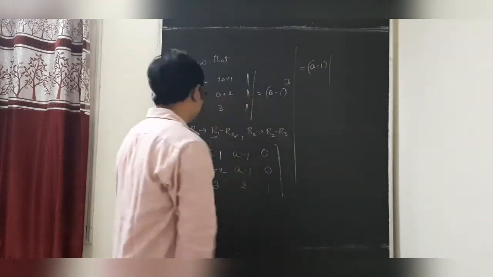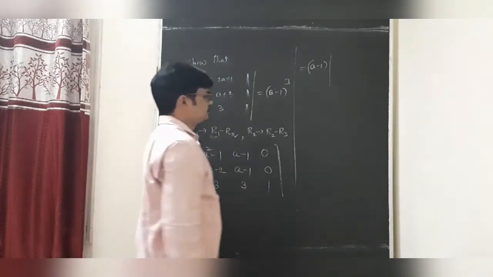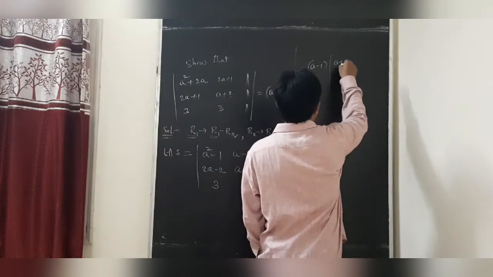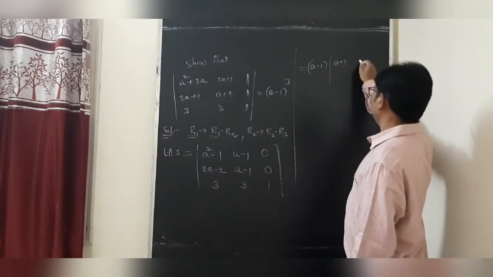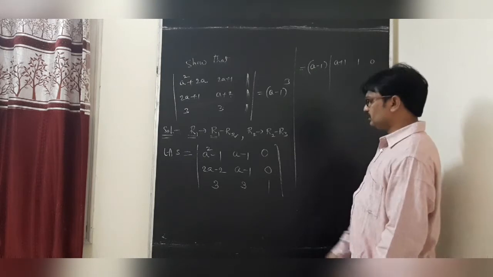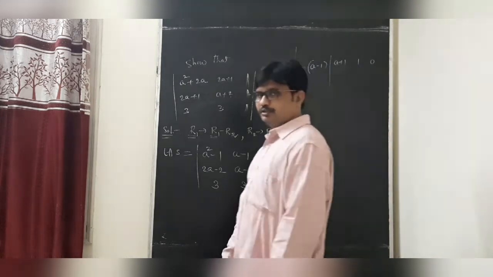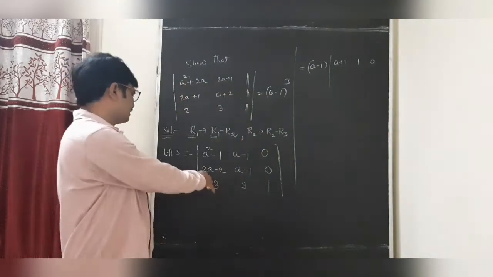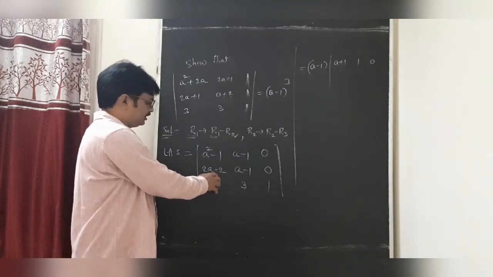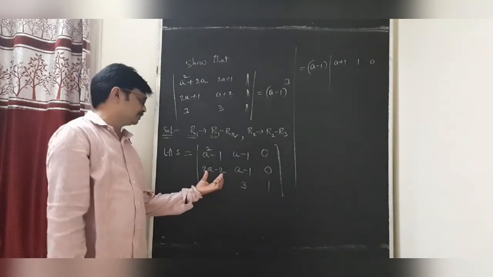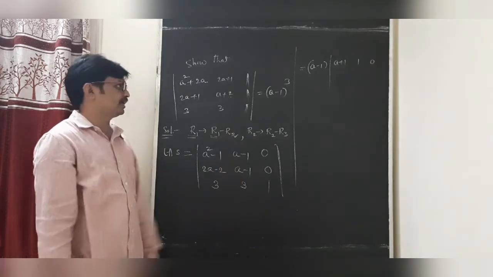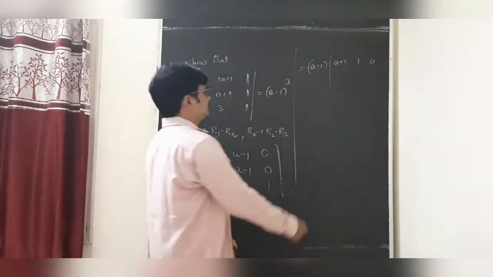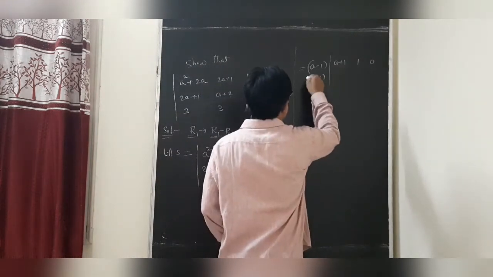What remains in the first row? A plus 1, a minus 1 taken out, leaving a plus 1, b square minus, 1, 0. Is it clear, students? When we take 2 as common from the second row, the remaining is a minus 1. In the second row also, the common term is a minus 1. Already we took the common factor a minus 1.